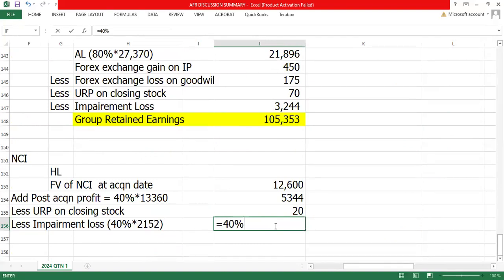This is 40% times 2152. I think that's all with HL.